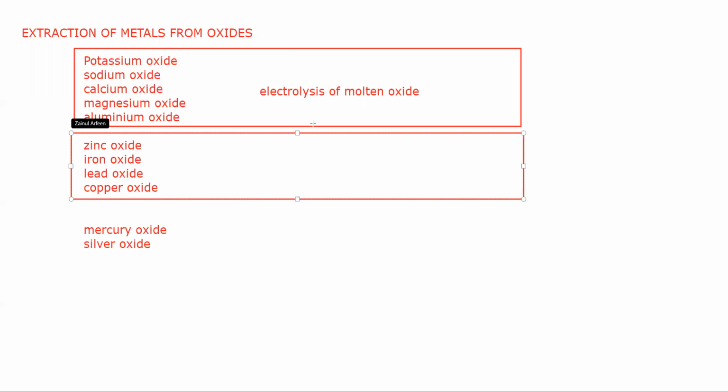For less reactive, moderate in reactivity metals such as zinc, iron, lead, and copper, we heat with coke, meaning carbon, or heat with carbon monoxide. Either way, it will remove the oxygen from the metal.